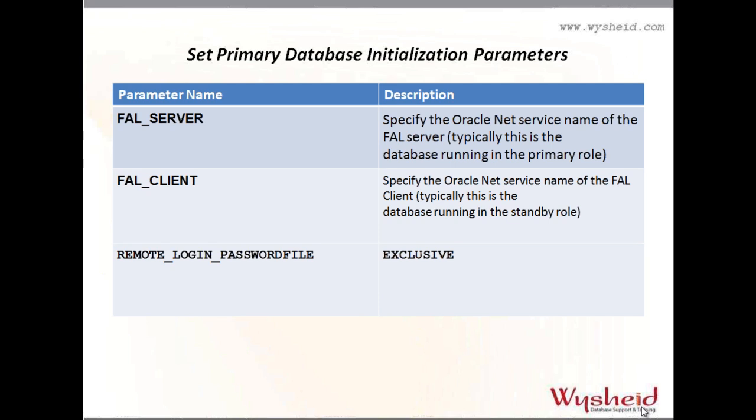We have the primary database and the standby database. If, for some reason, there is no communication between the primary and standby database, because of this the standby database is lagging behind the primary.